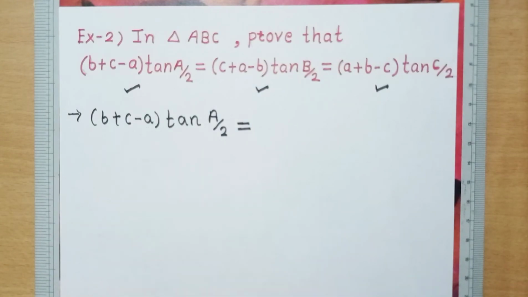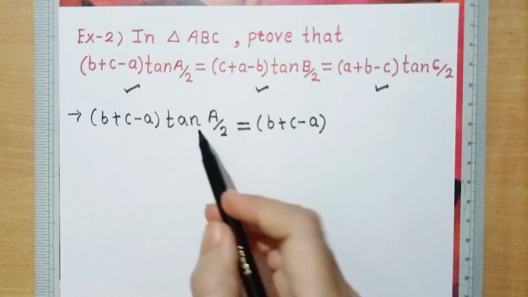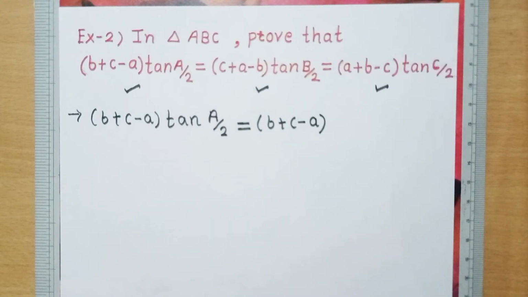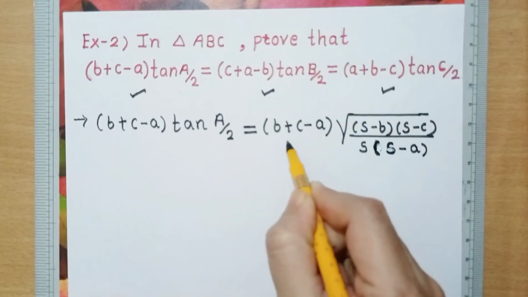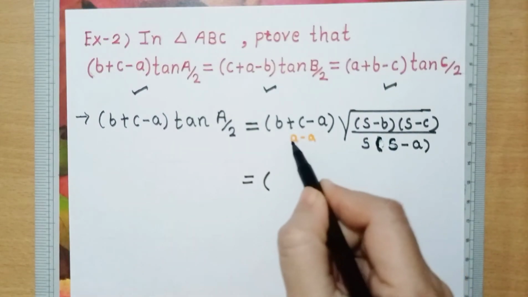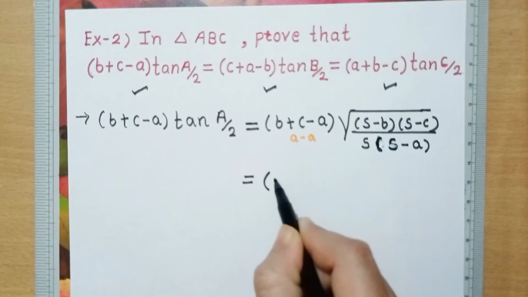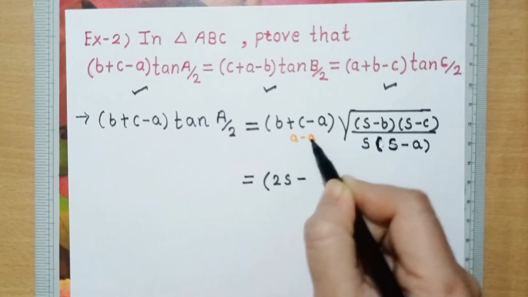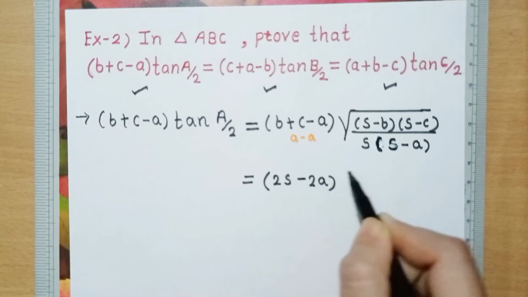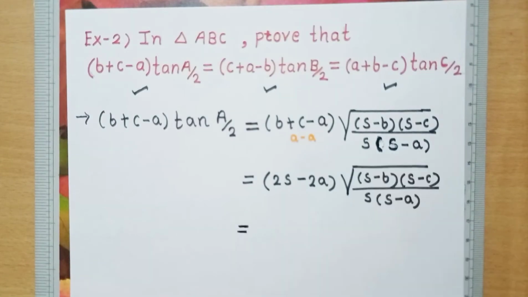So let's take the first. Here the first term as it is, and we will substitute the formula for tan A by 2. Now here we will add and subtract A. Therefore A plus B plus C is 2S minus A means minus 2A, and now take 2 common from these two terms.